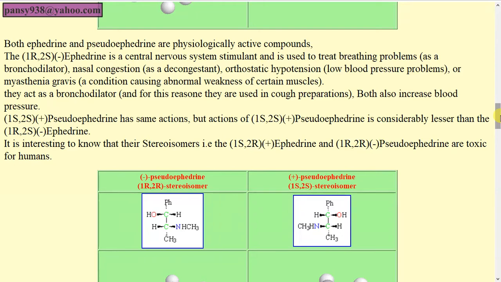The 1R2S negative ephedrine is a central nervous system stimulant and is used to treat breathing problems as a bronchodilator, nasal congestion, orthostatic hypotension, or simply low blood pressure problems, or myasthenia gravis, a condition which causes abnormal weakness of certain muscles. They act as a bronchodilator, and for this reason they are used in cough preparations.